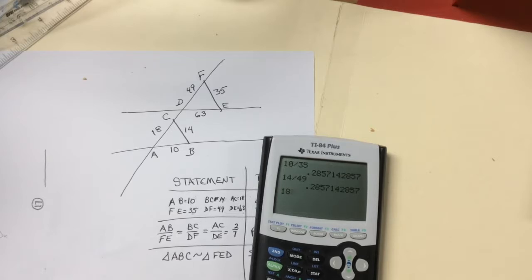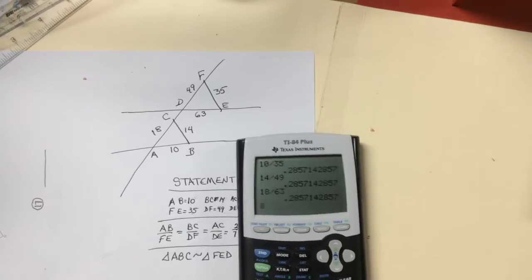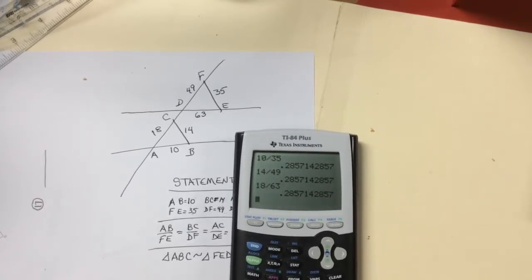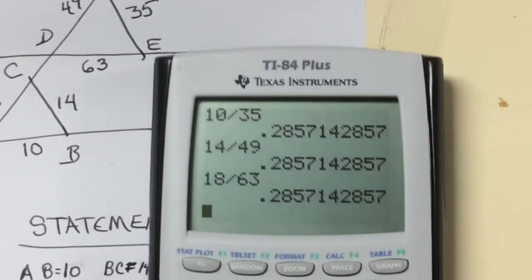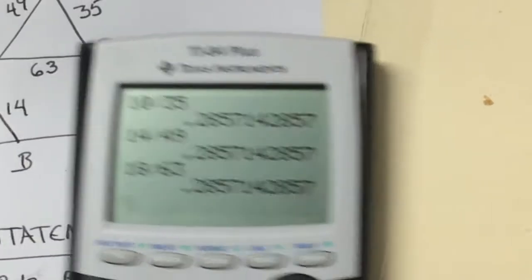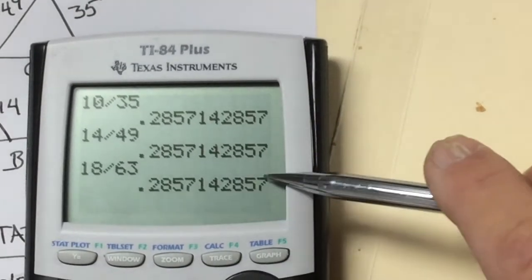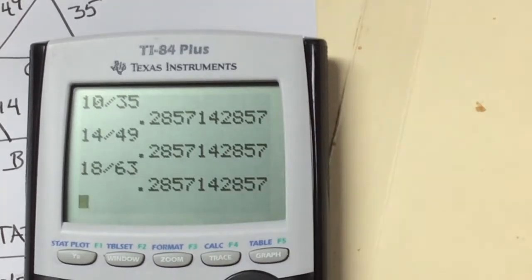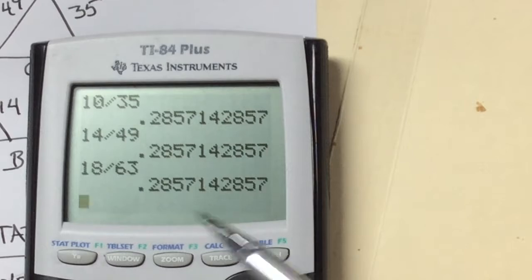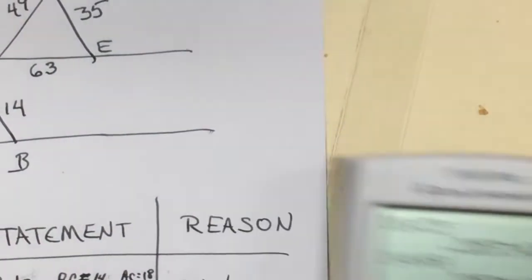And then 18 divided by 63 equals the exact same thing. Okay? Now, even if they're close, even if the only difference between them happened all the way in the last column here, then they're not similar. But if they are exactly the same, those are similar triangles.